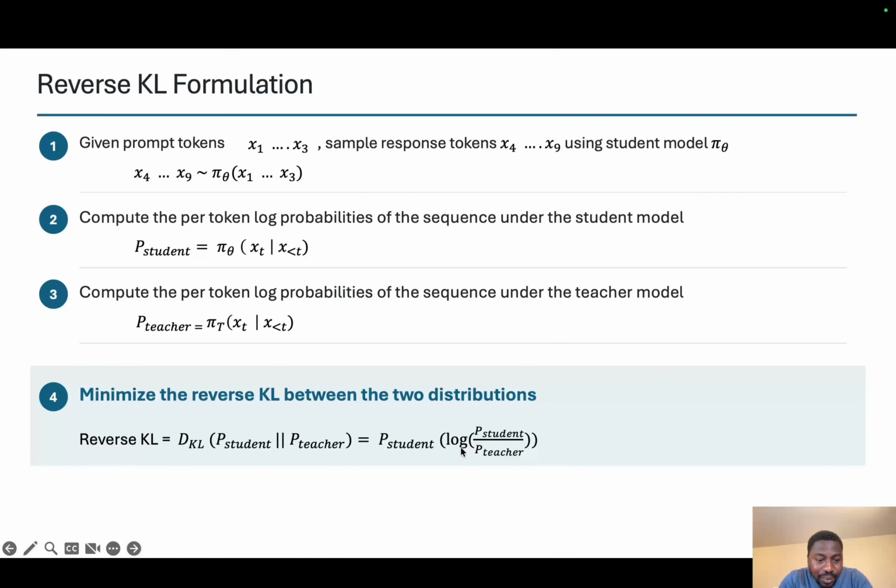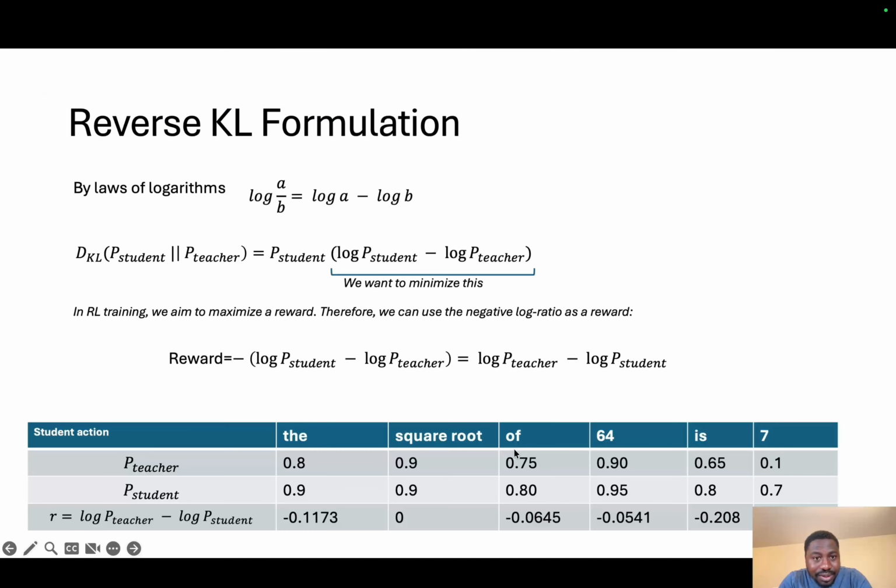One way to do this is reverse KL, where you take the probability of the student multiplied by the log of the probability of the student divided by the probability of the teacher. By laws of logarithms, this becomes p student multiplied by log p student minus log p teacher. This part is what we want to minimize.